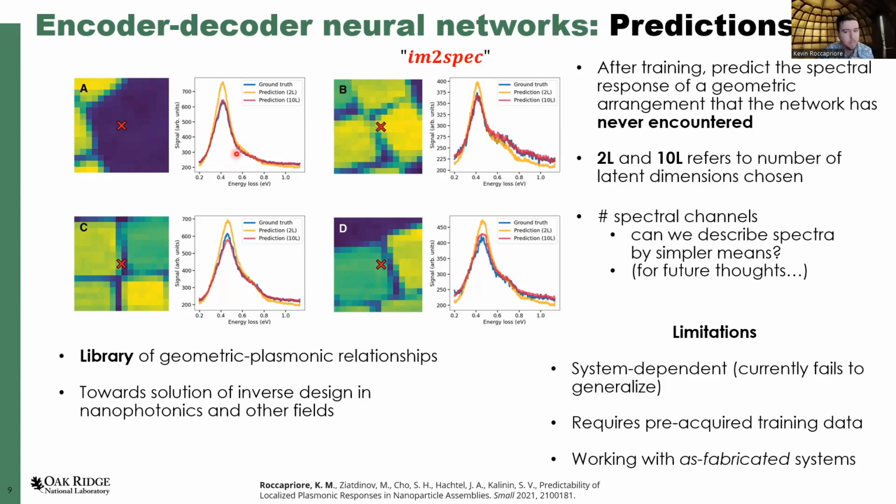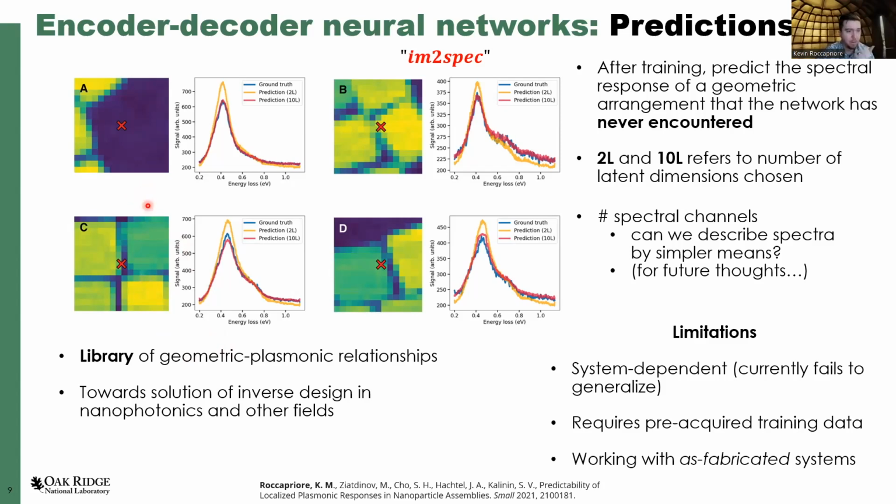That one is a little bit more difficult, but we can use the same scheme to try and understand this. I'll mention there are limitations, of course, as with anything. This will not generalize for any particle system. This network, this relationship, is exactly designed for this chemistry of particles in this material system.